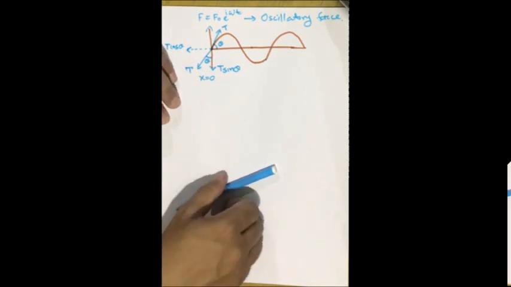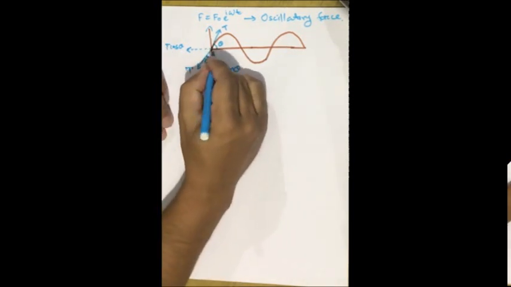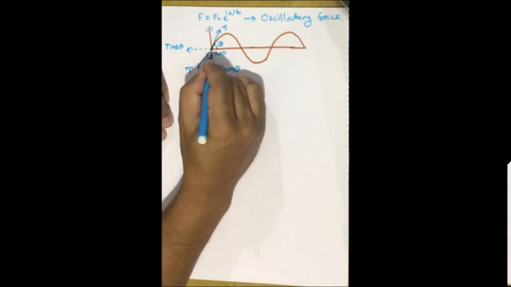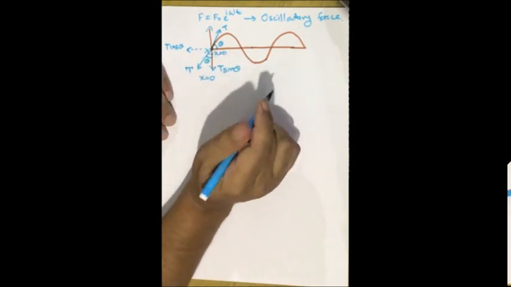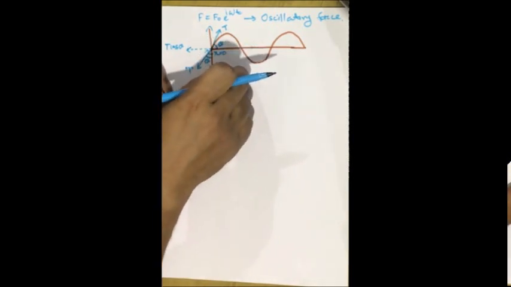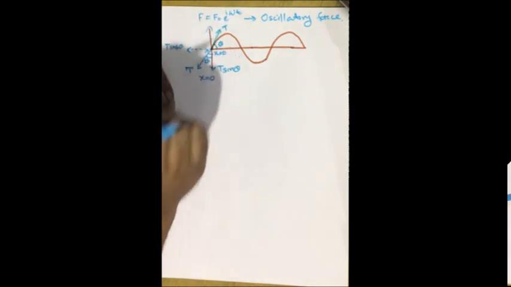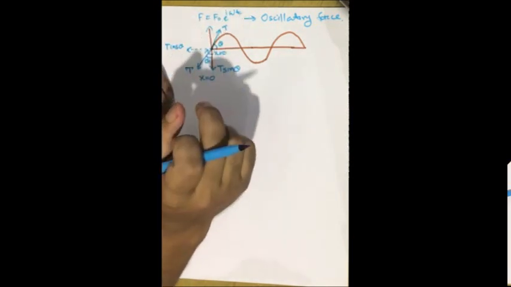Okay, and this is the x equals 0 point. If x equals 0 is at equilibrium, that means this force T sin theta must be balanced by this force F naught e to the power i omega t.